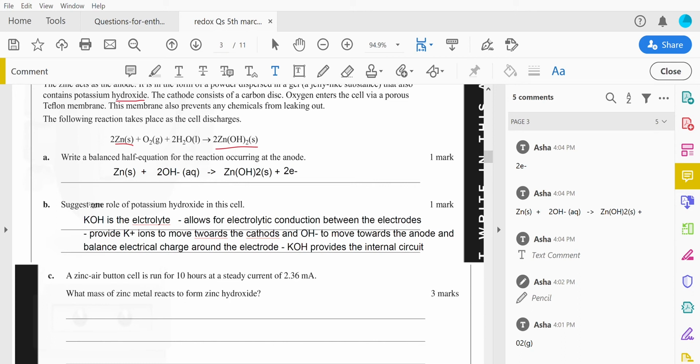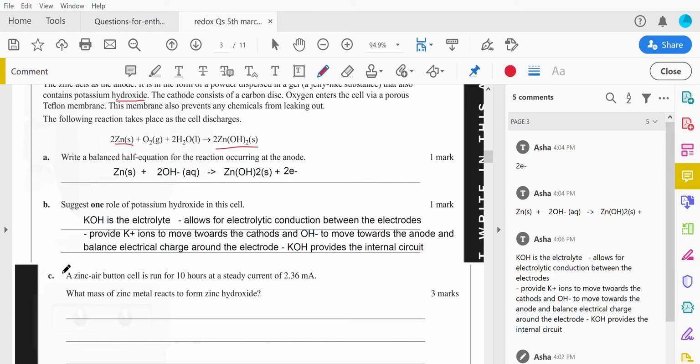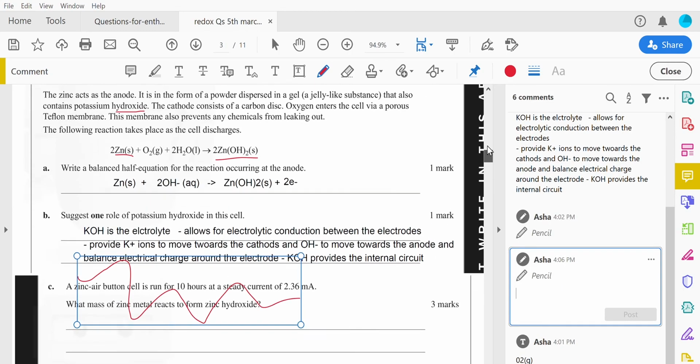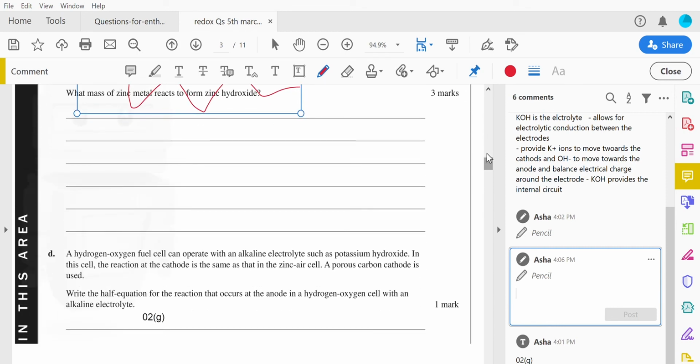So these are all good options. As for C, you just completely ignore that because it's not relevant to what we're doing right now. And let's move on to D.